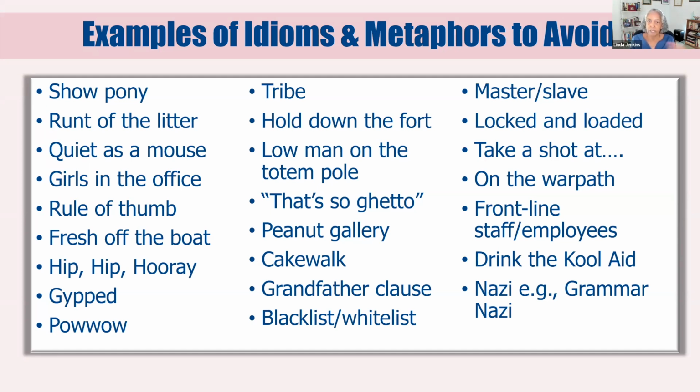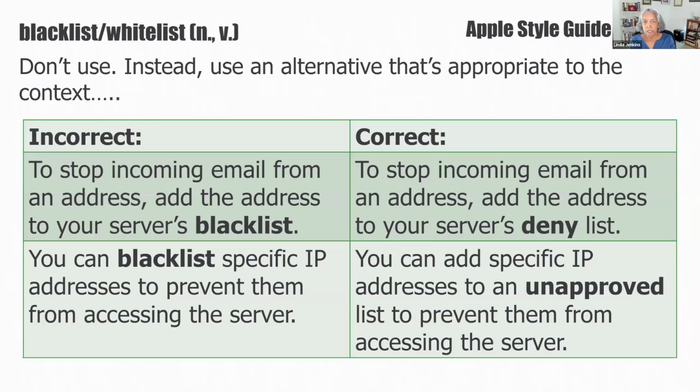So here's an example of idioms and metaphors that people are encouraged to avoid when they want to use inclusive language. One example of idioms and metaphors that may be demeaning to people is blacklist, with the focus here on black being negative and white being positive.